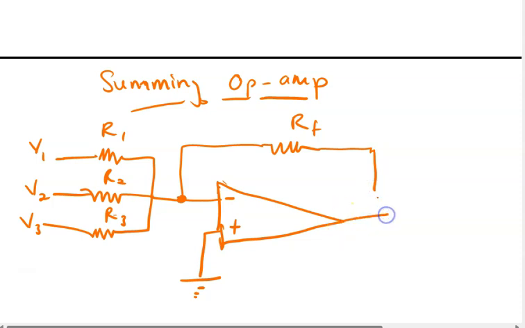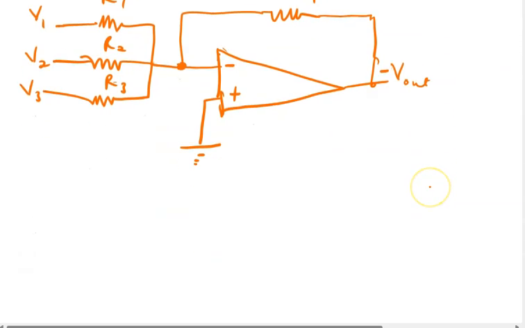Then it finds its way to the output, which is V out. And when it happens like that, then it means that RF is going to be negative. Anytime it's connected to the negative side, then it's going to be negative. But if it's connected to the positive side, then it's going to be positive. You should take note of it.